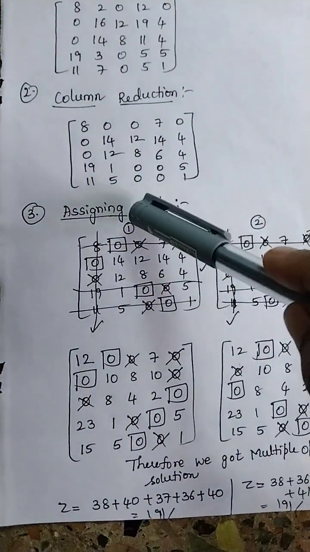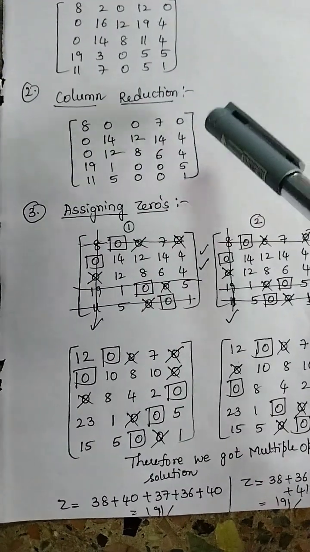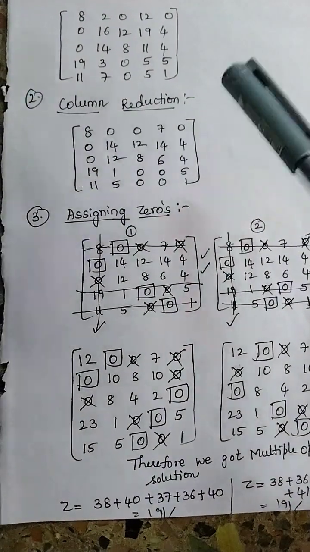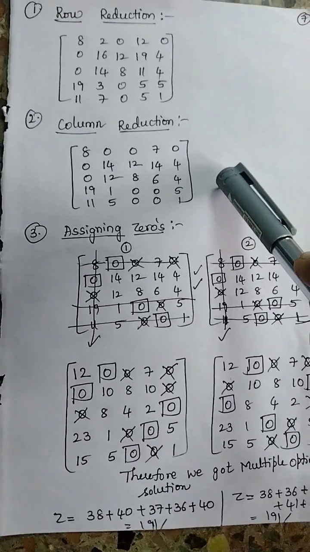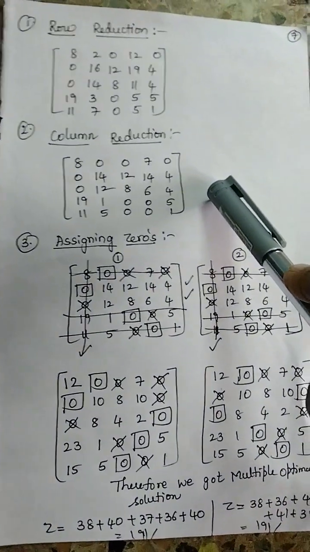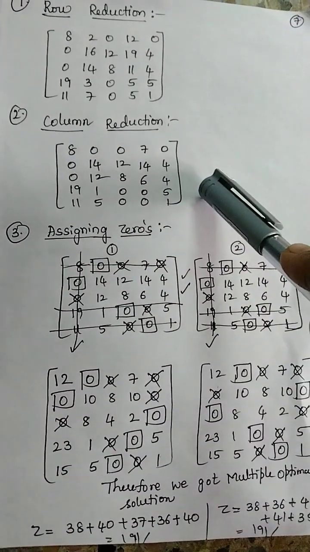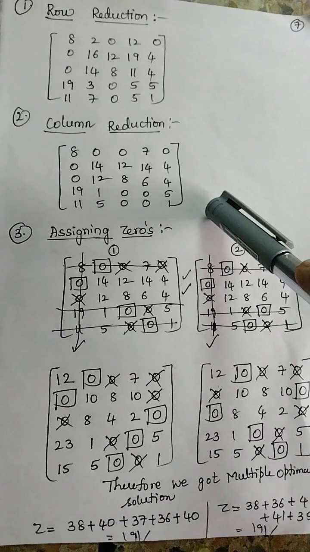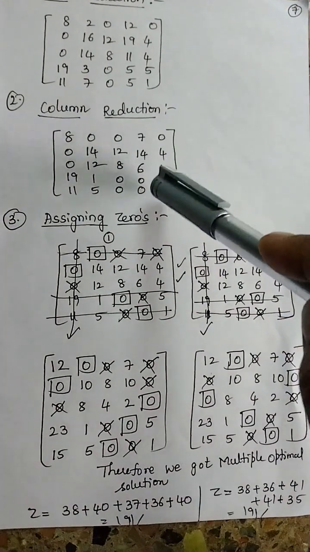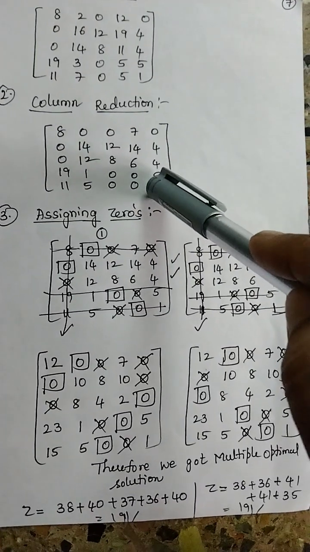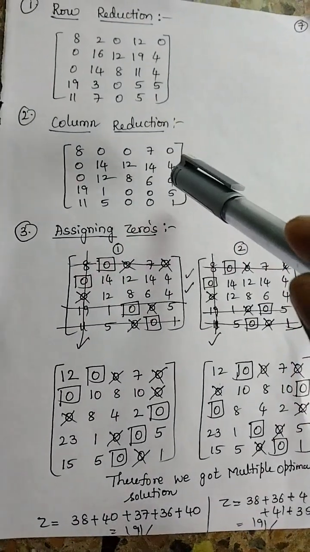Now, we are going to get an optimal solution by taking the assignment randomly. That means you are going to get multiple optimal solutions. Why? Because in the fourth row there are 2 zeros and in the fifth row there are 2 zeros. Likewise, in the third column there are 2 zeros and in the fourth column there are 2 zeros. So, we are going to make a random allocation here.